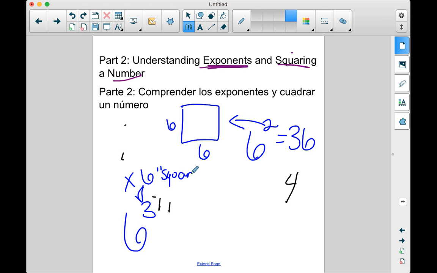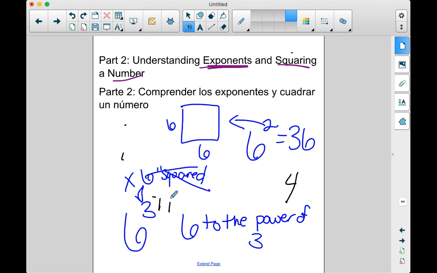That would be what we call 6 to the power of 3 is how we would read that. We do not say 6 squared. That is 6 to the power of 3. So squaring a number means that number with a square, with a 2.